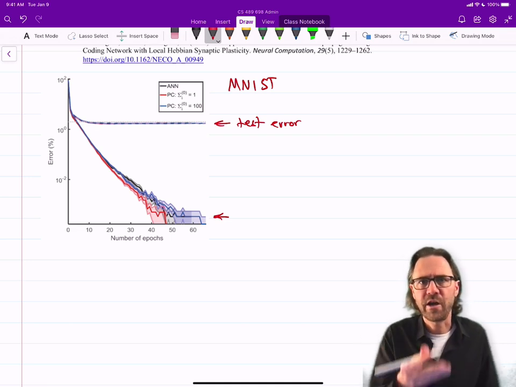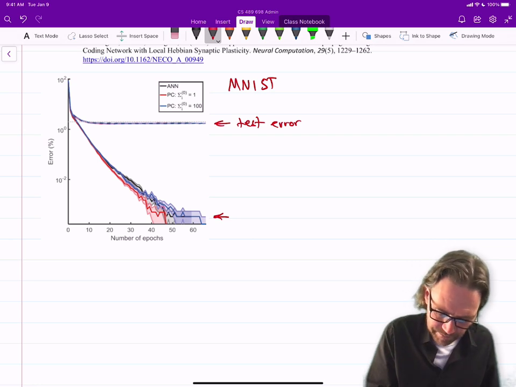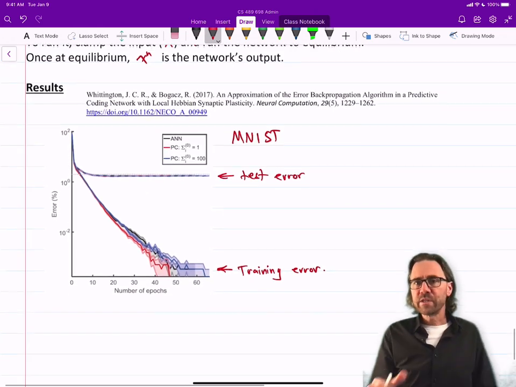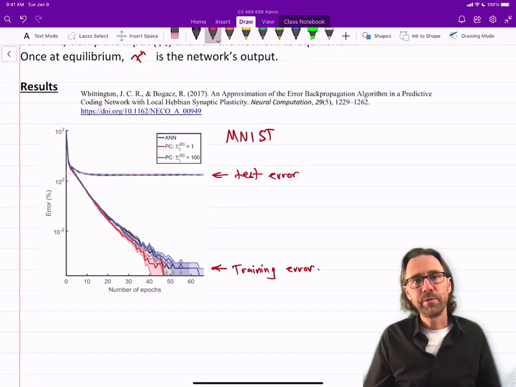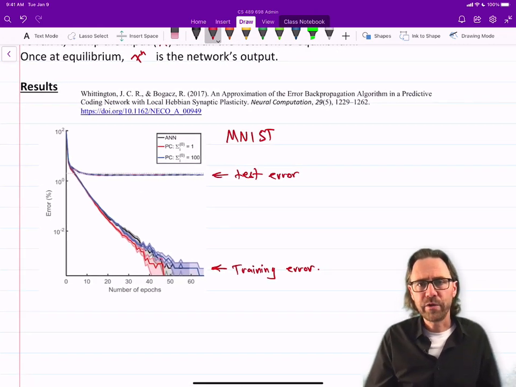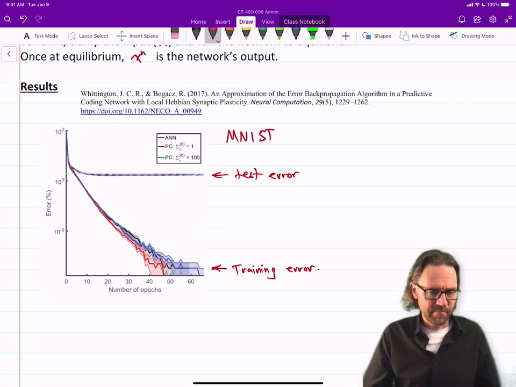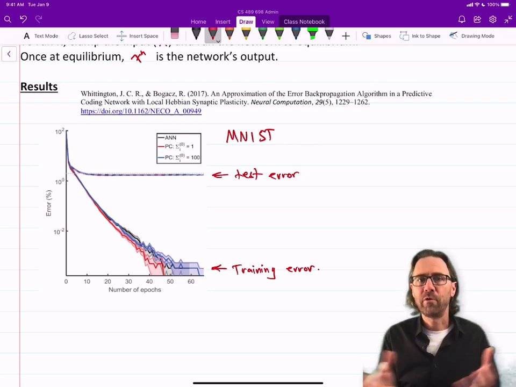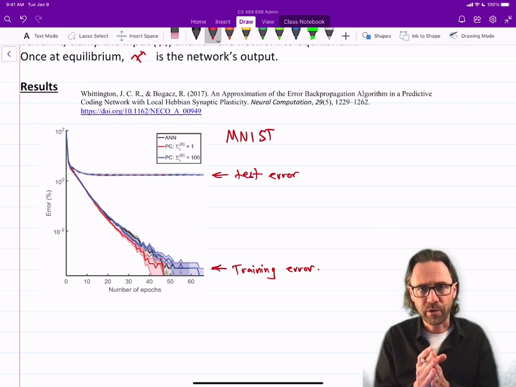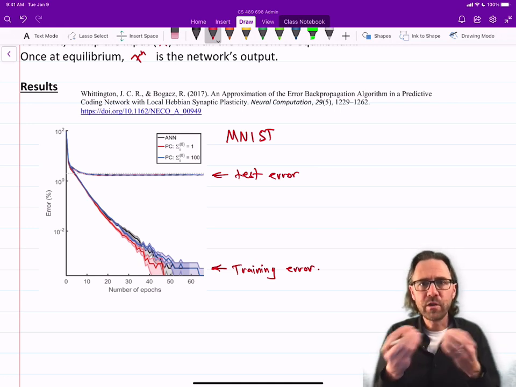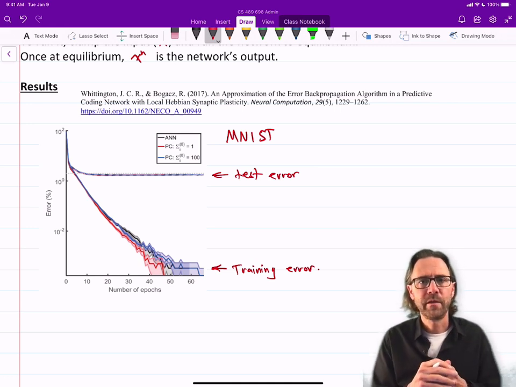Like it gets like 99.5% accuracy. So this is using a biologically plausible learning rule. Predictive coding is a way of interpreting backprop or implementing backprop in a network that only uses local update rules.